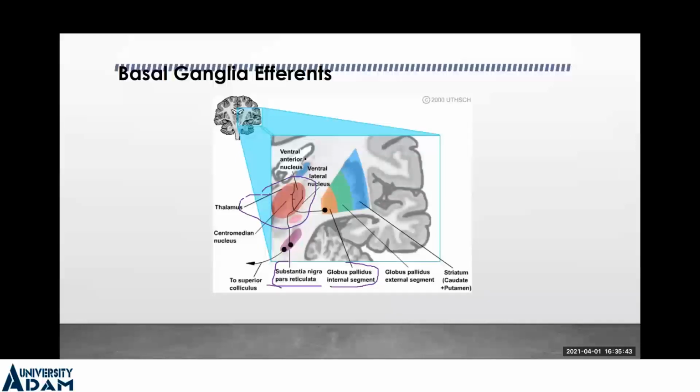And also, guys, we have a loop here that processes the sensory motor projections to the ventral anterior and ventral lateral nuclei. Here you cannot see the tracts ansa lenticularis and lenticular fasciculus, but here you can see the ventral anterior nuclei and ventral lateral nuclei.